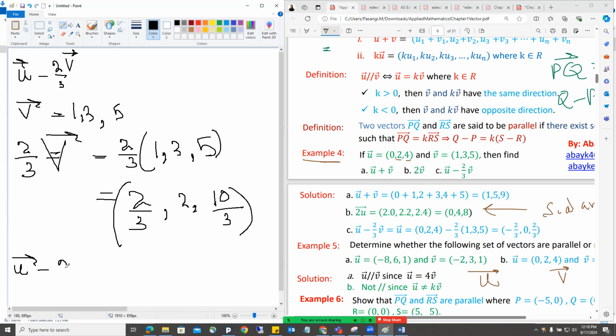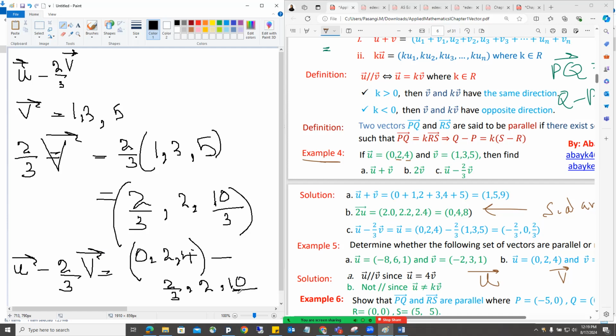Then u minus 2 over 3v, that is, u means 0, 2, 4, right? The vector 0, 2, 4 minus the vector 2 over 3, 2, 10 over 3.